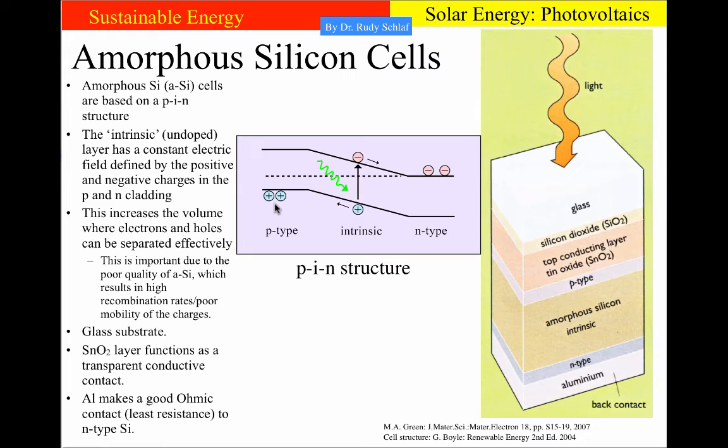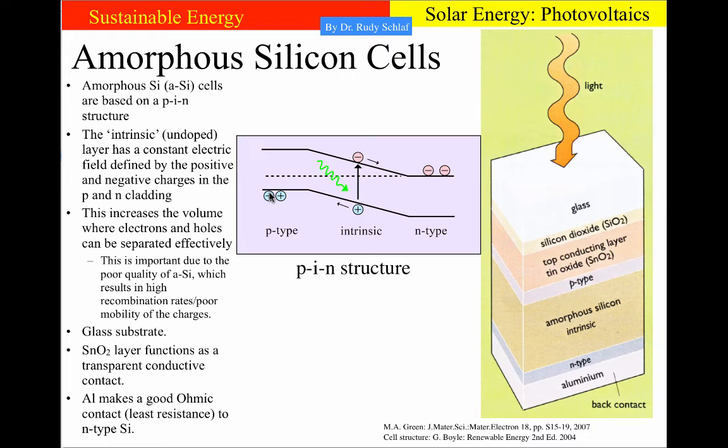The reason for this approach is that this intrinsic silicon film distributes the potential between the p and n-type layers over the entire absorption region of this solar cell. Therefore, the electrons and holes are being pulled by the electrical potential all the way until they reach the contacts. This improves the chances of the electrons and holes to make it without recombining.